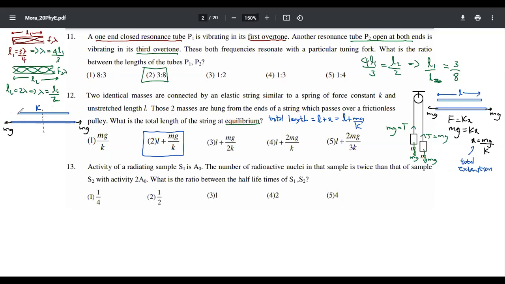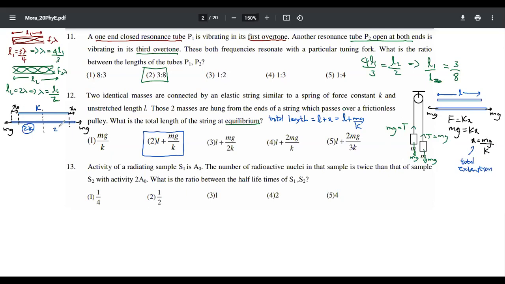Now you can find out this small extension. I will take it as x naught, and this small extension x naught. We have to find the total extension, people. How will you find x naught separately? If you consider half of the spring, for the total length, if it is k, for half length, it's going to be 2k.